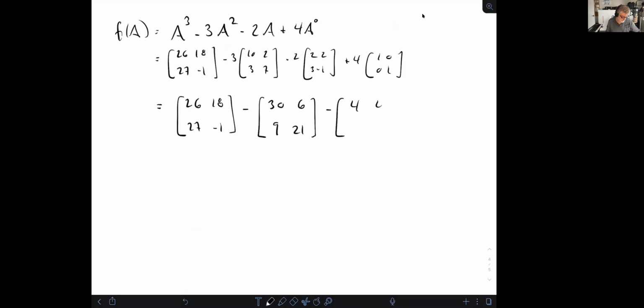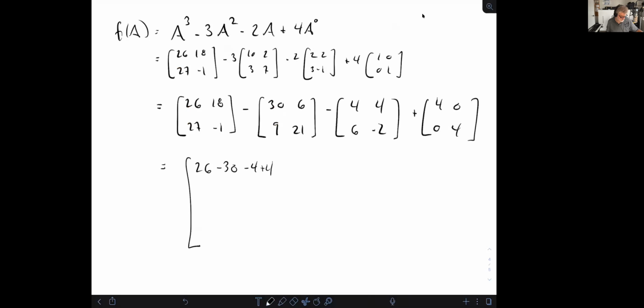This is 4, 4, 6, minus 2, plus 4, 0, 0, 4. Okay, and then I'll just write it this way. This is 26 minus 30 minus 4 plus 4. That's the first entry. Then the second entry will be 18 minus 6 minus 4 plus 0.